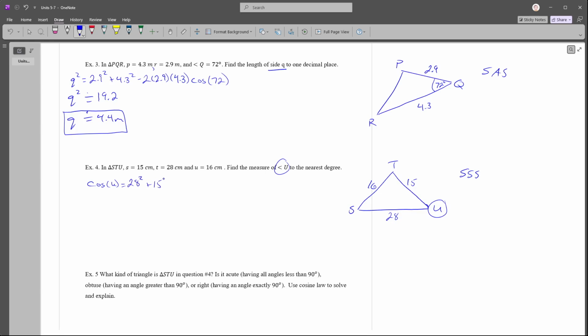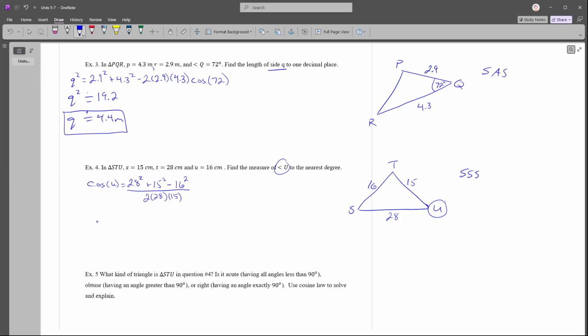plus 15 squared minus, now we use the side length that it's for. So now it's going to be minus 16 squared. And this whole thing is over 2 times 28 times 15.